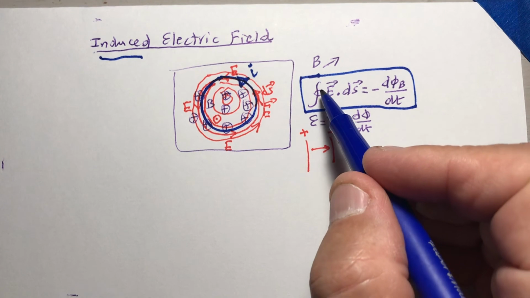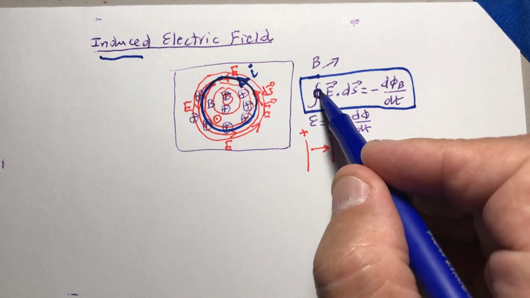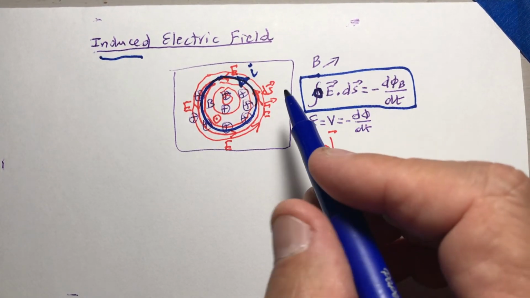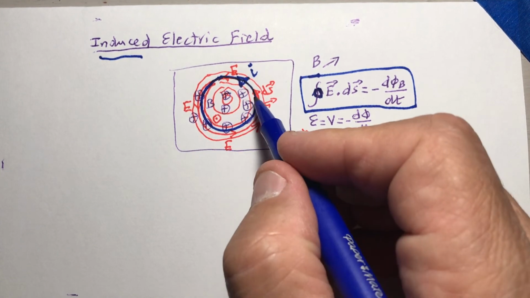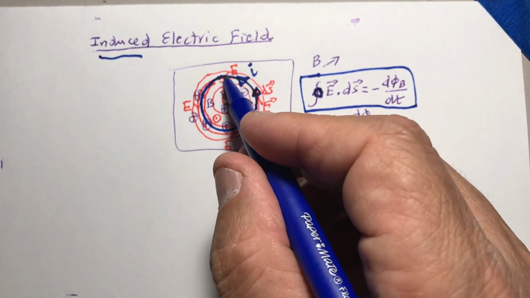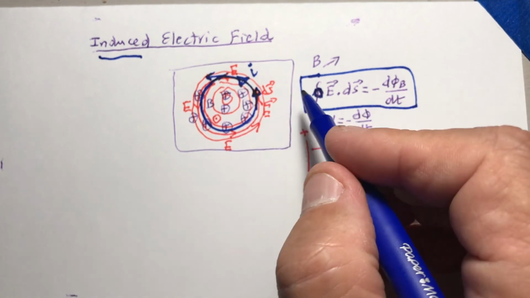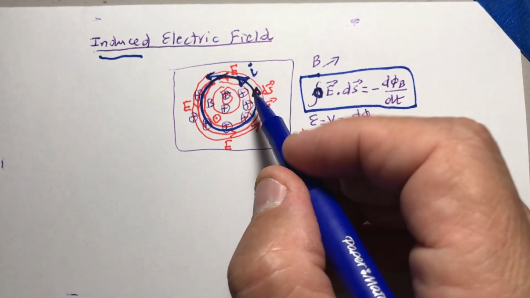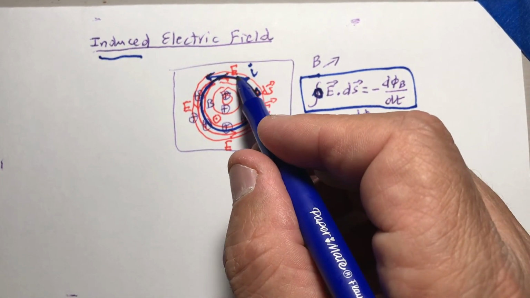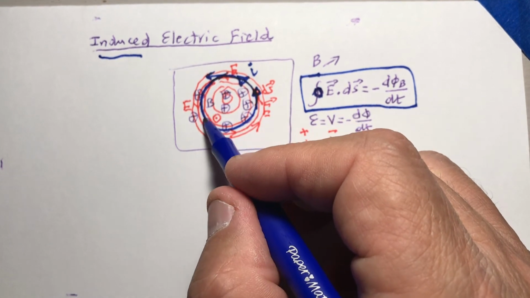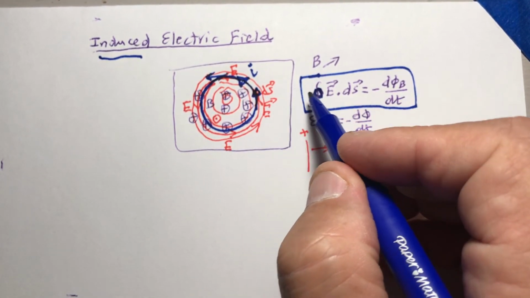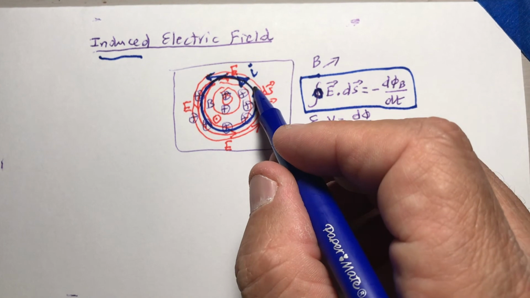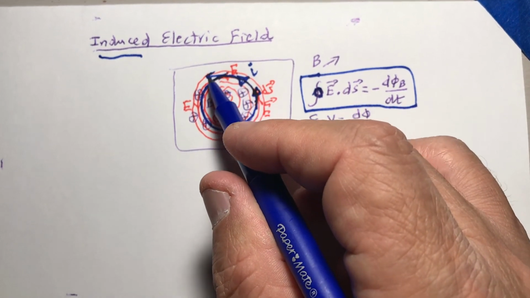Now, we need to understand this loop that we have in the integral. The electric field is going around. So the reason they have this circle is that you have to sum all around the loop, this contour. You keep summing the electric field dot ds, electric field dot ds, electric field dot ds.